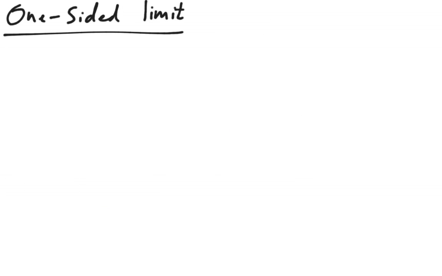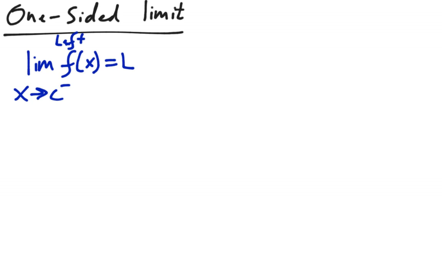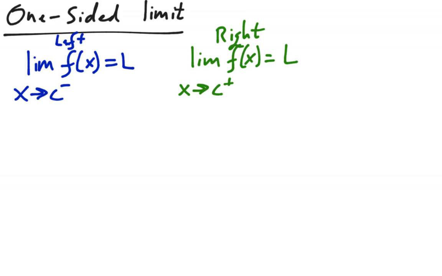The first thing we're going to talk about is a one-sided limit. So this begs the question, what is a one-sided limit and what does it look like? There are two types of one-sided limits. There are limits from the left, like that, and there are limits from the right. And these limits look very similar to the other limits that we had, and that's okay because they're both limits.